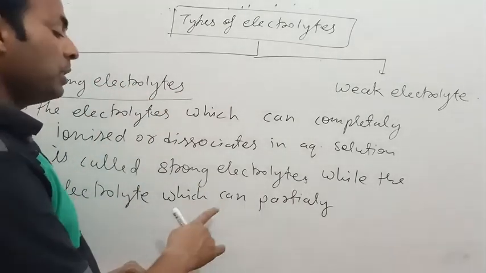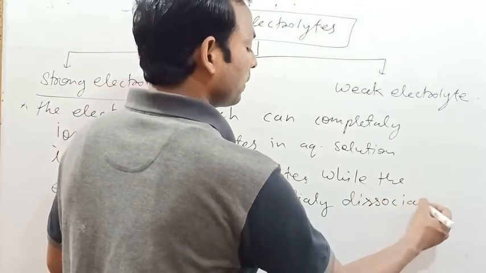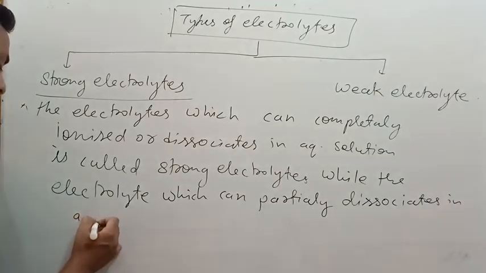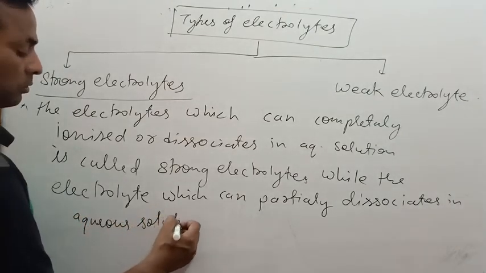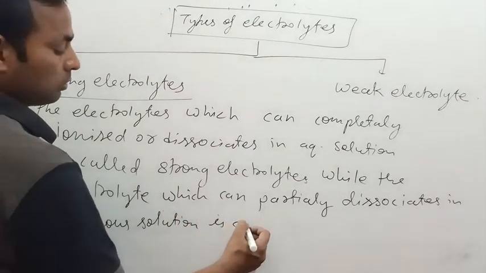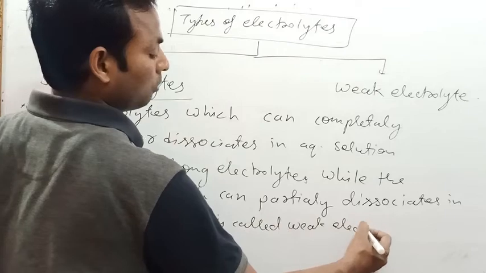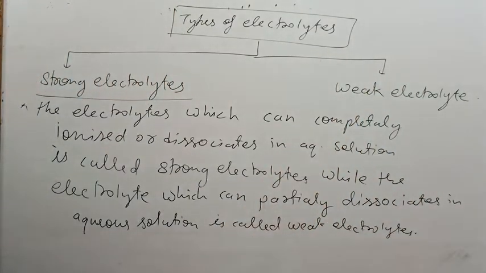The electrolytes which can partially dissociate in aqueous solution are called weak electrolytes. It is a very simple definition for you.